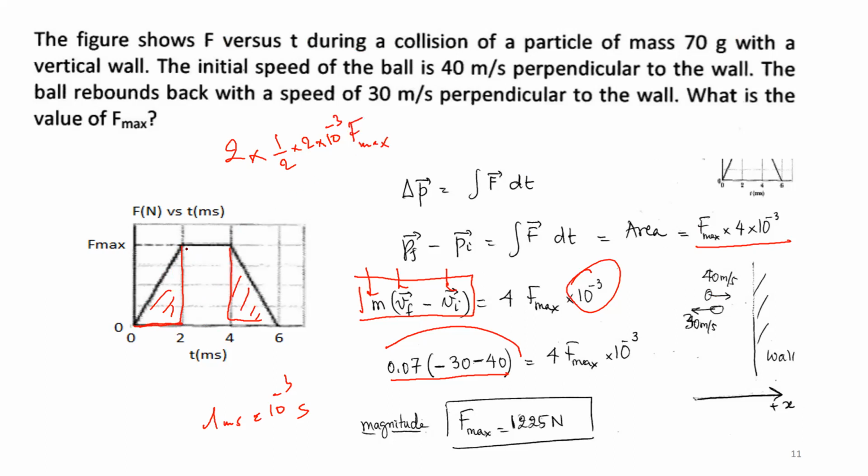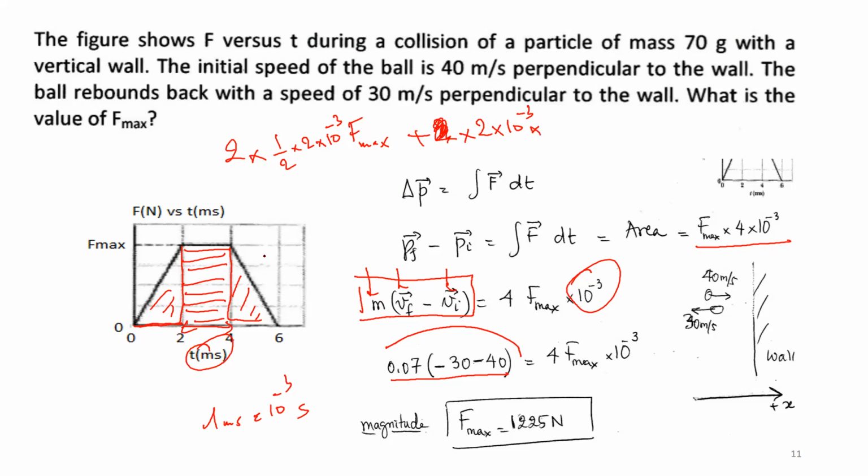And then I add the area of this rectangle here. So plus 2, of course, 10 to the power minus 3. This is 2 here, but I have to take 10 to the power minus 3 because it's in millisecond. I have to put it in seconds.